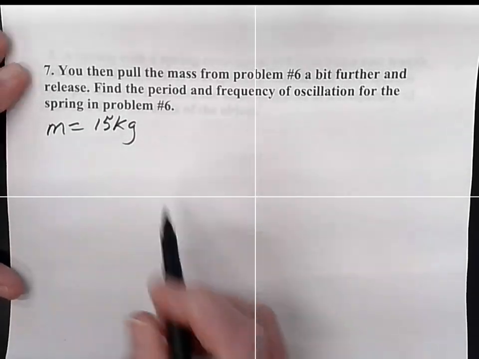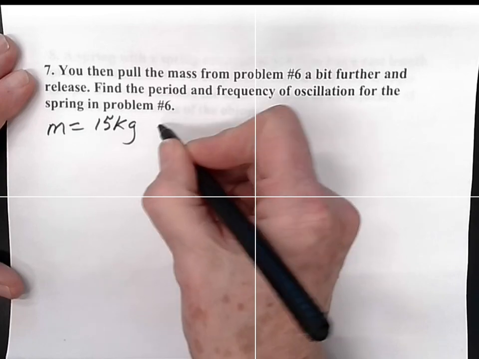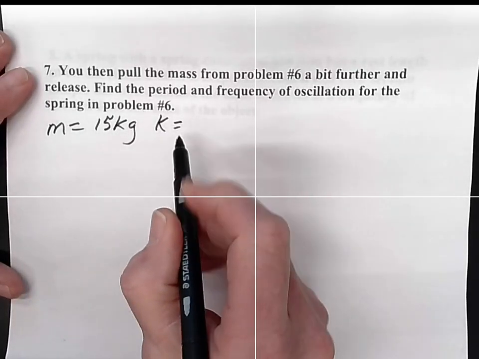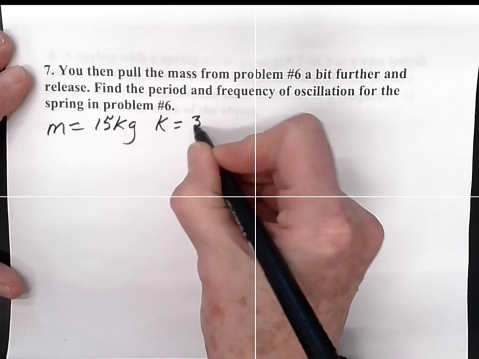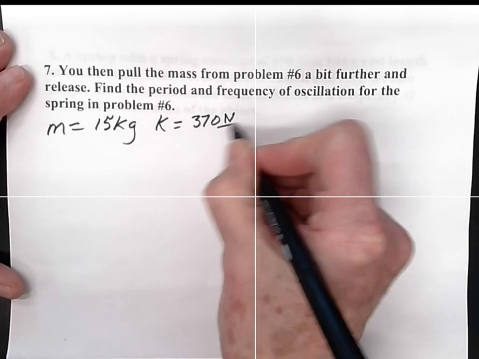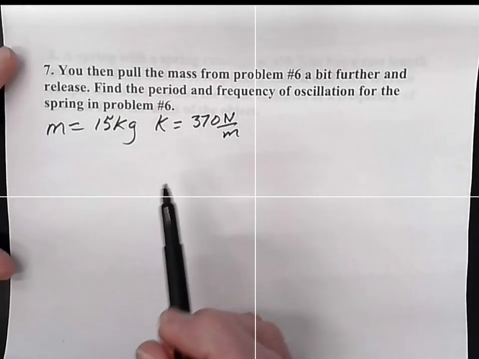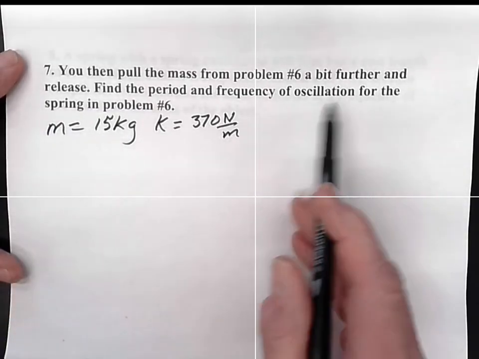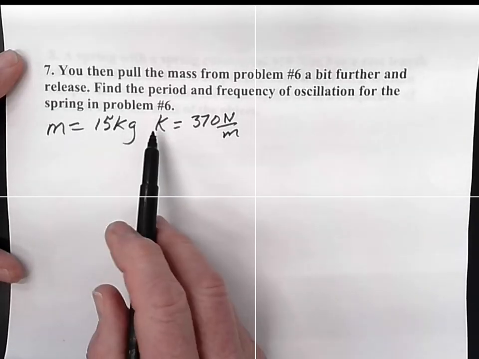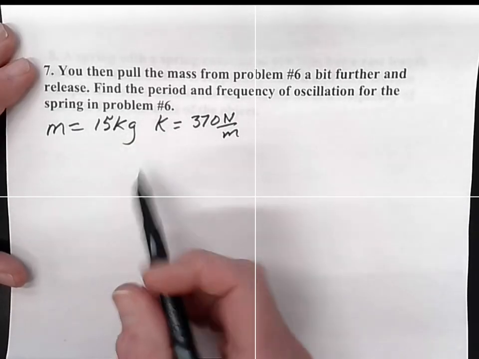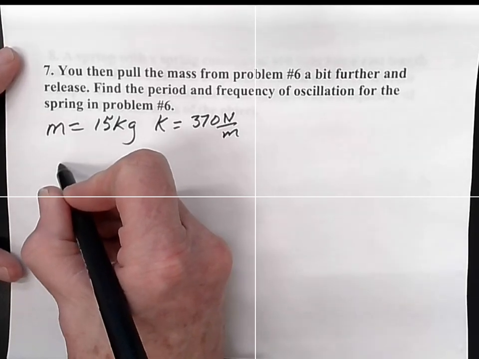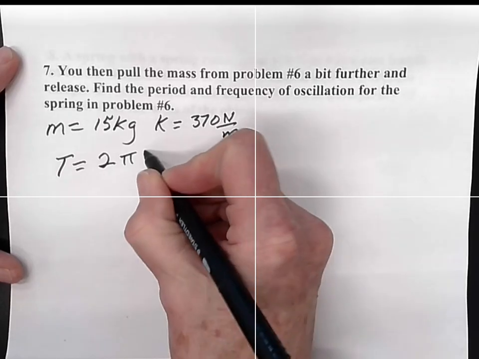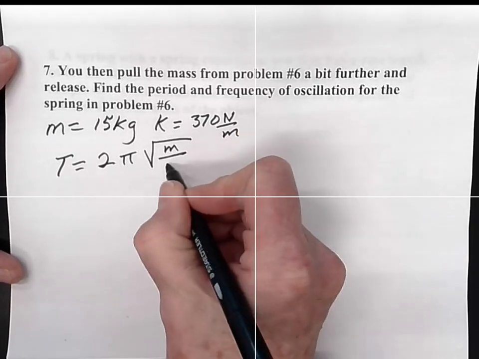And when you solved for number 6, you found K, and K was going to be 370 newtons divided by meters. If you want to know the period of this particular spring, then the period of the spring goes like this. Period equals 2 pi square root of M over K.